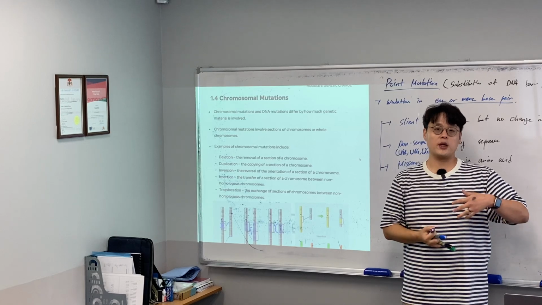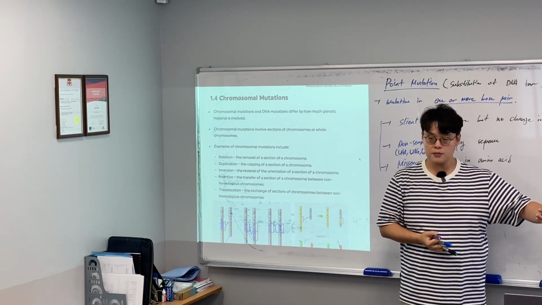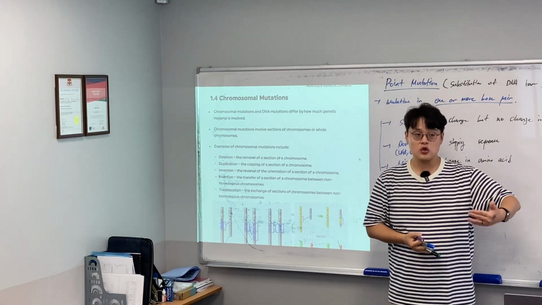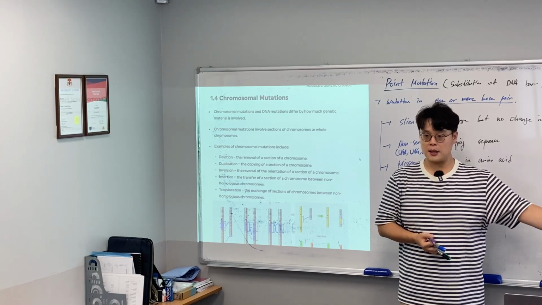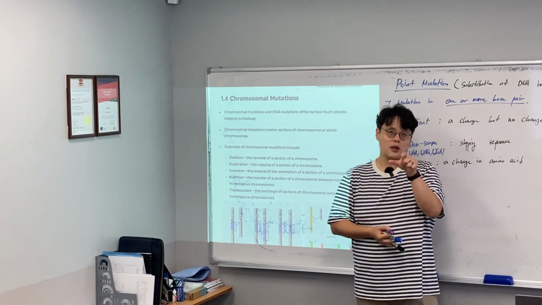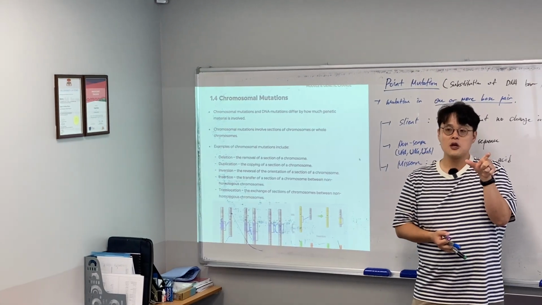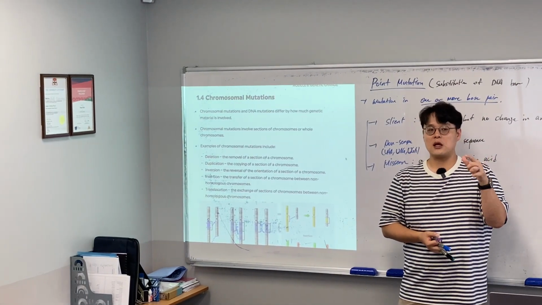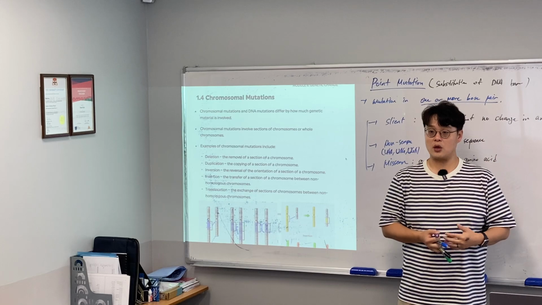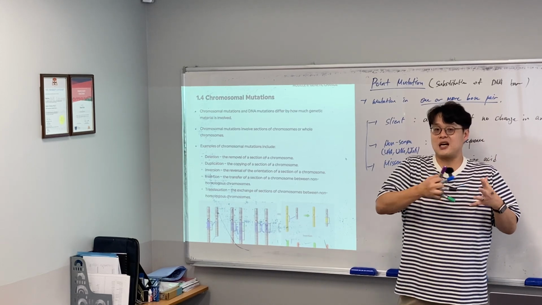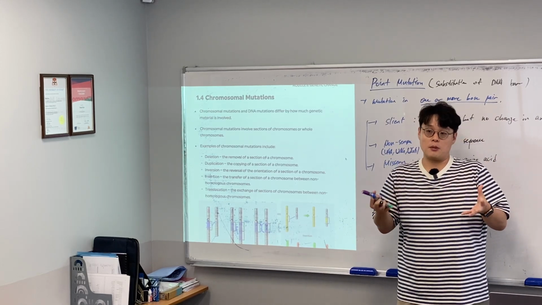Remember the relation between chromosomes, genes and DNA? I've been saying that quite a lot of times. DNA, or nucleotide, is the building block of those two. A gene is a section of DNA. A chromosome is the collection of DNA which is wrapped around histones. So in terms of size, chromosome is the bigger term.